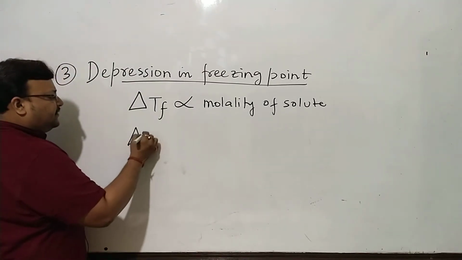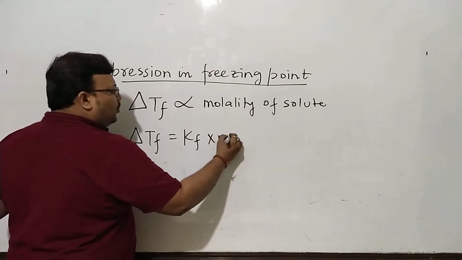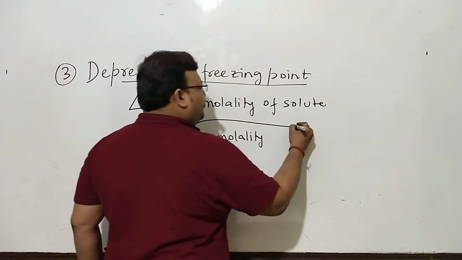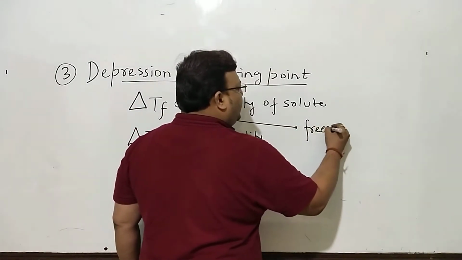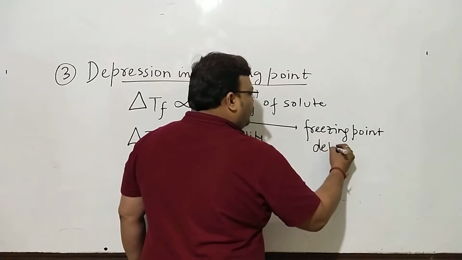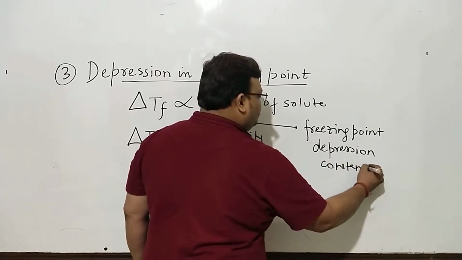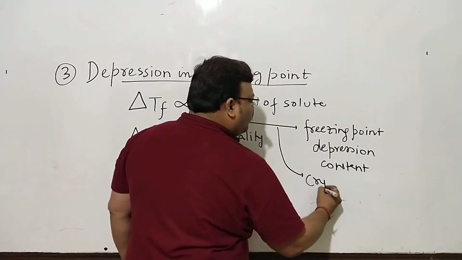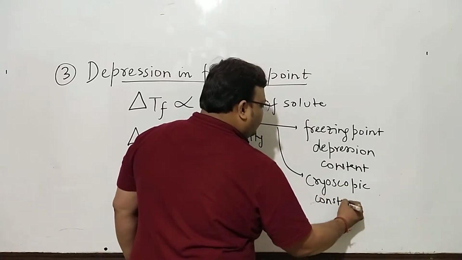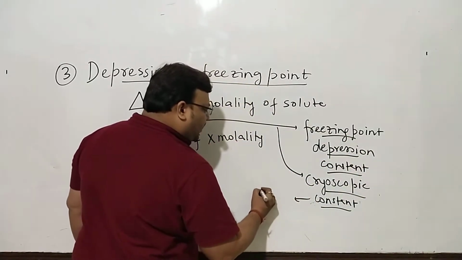I can write this as delta TF is equal to Kf into molality, where this Kf is called freezing point depression constant, or it's also called cryoscopic constant.